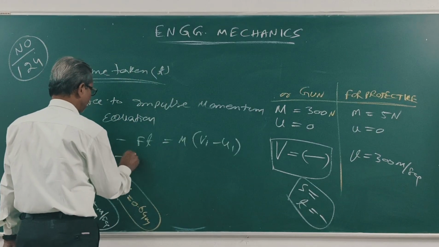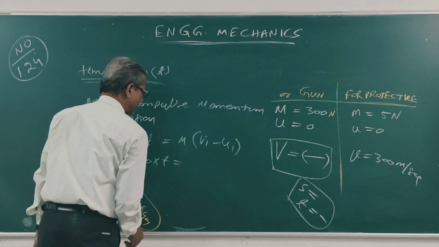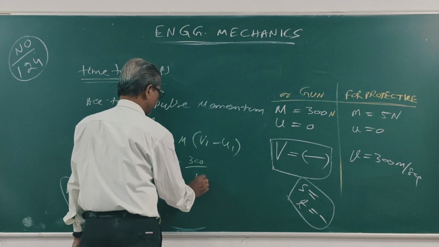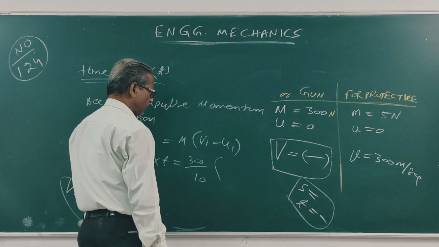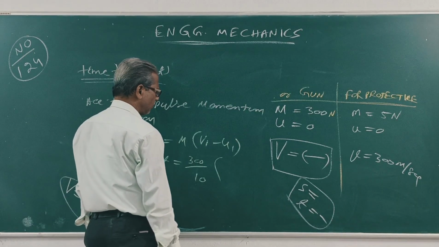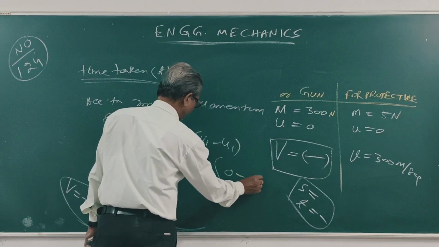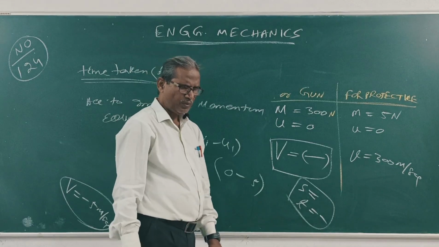So minus F, what is F? 600 into T is equal to M, W by g, 300 by 10, into V1 minus U1, that is 0 minus 5. Clear? Minus 5.